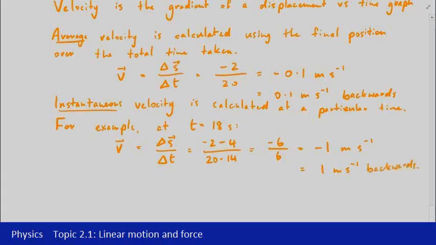Notice, if you refer back to the previous video, the speed at 18 seconds was 1 meter per second. Notice here that the instantaneous velocity at 18 seconds is also 1 meter per second. It's now that we've got this direction associated with it being the negative. So there's a little bit of extra information that you get from a displacement versus time graph, showing the direction that's associated with that motion as well.